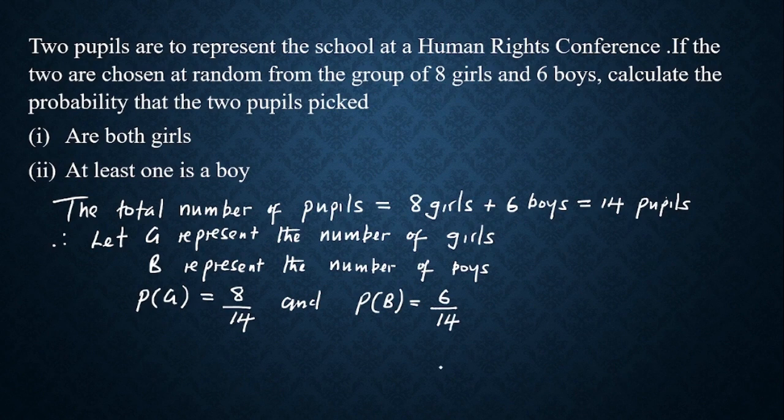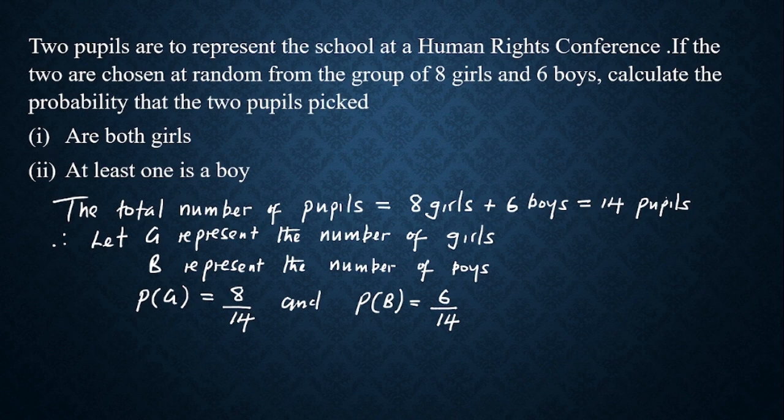If you add the probability of a girl plus the probability of a boy, it's supposed to give us 1. So 8 over 14 plus 6 over 14 is supposed to give us 1.